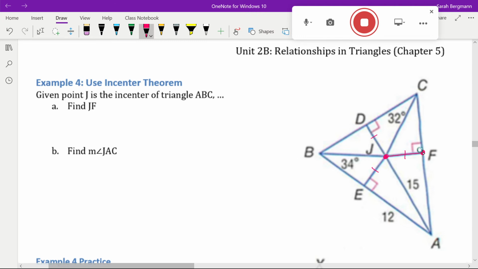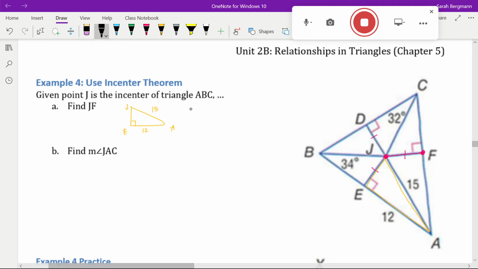So, I don't really have enough information to find JF, but I do have enough information to find JE. If I look at triangle JEA, I see that it's a right triangle. And I know two of the sides, 15 and 12.